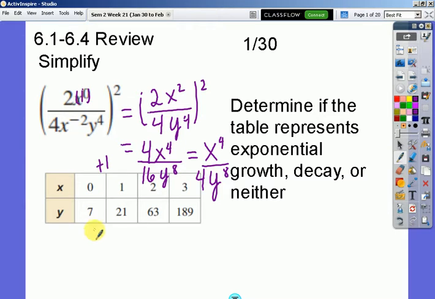So each of these consecutive terms, consecutive meaning one right after the other, is being multiplied by 3. So that is exponential growth. It would be decay if we were multiplying it by a fraction. Do you have any questions about those two concepts? Good job.